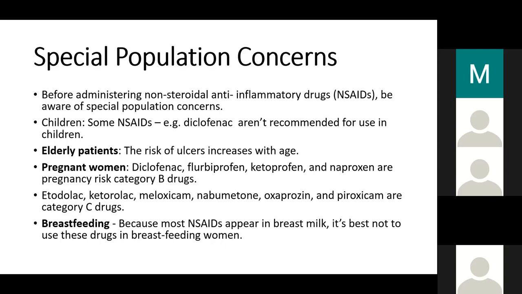For category B, it is animal studies that haven't shown any risk, but there aren't adequate studies in pregnant women to demonstrate a risk. And so if you are using these medications in pregnancy, you have to be cautious and weigh the risk against the benefit. So an example is metformin.